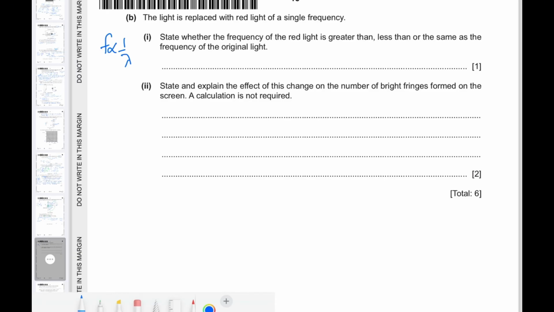Because red light has a longer wavelength, between 620 to 750 nanometer, compared to white light, which has a range of 400 to 700 nanometer, the shortest wavelength of white light is smaller than the smallest wavelength of red light, meaning that red light will have a longer wavelength, and so it will have a smaller frequency.